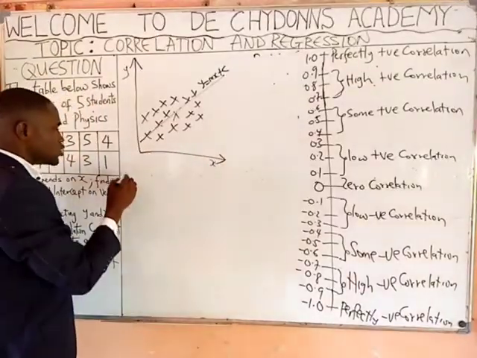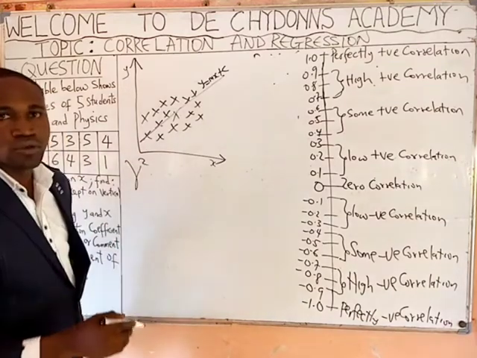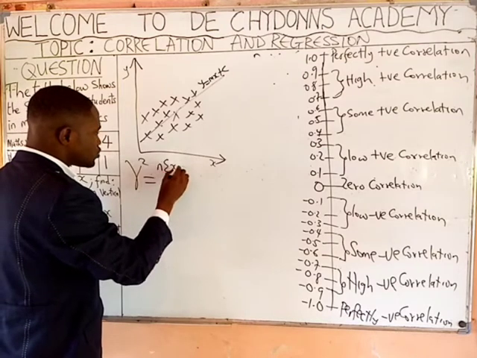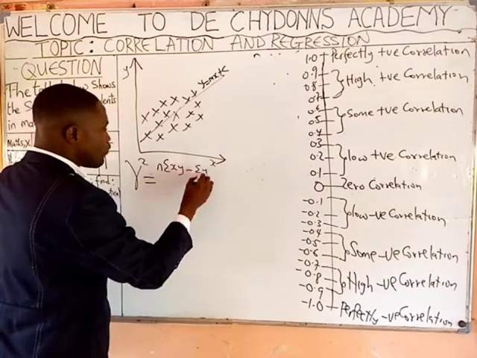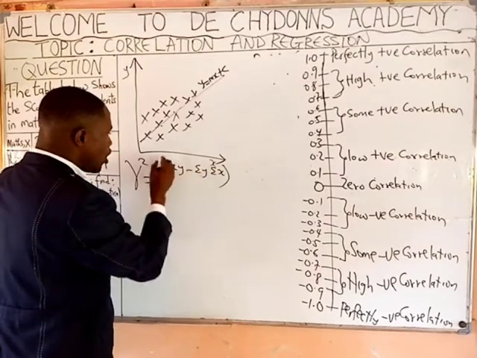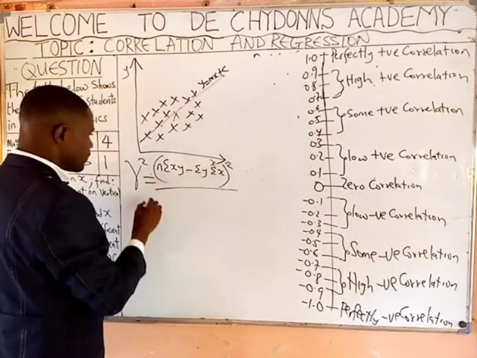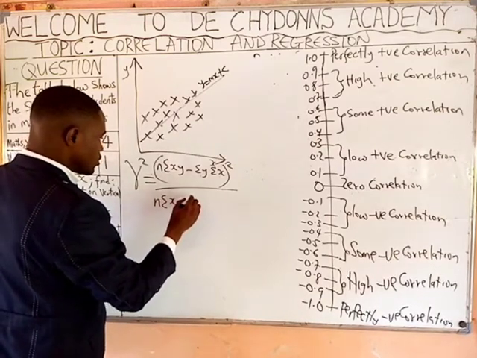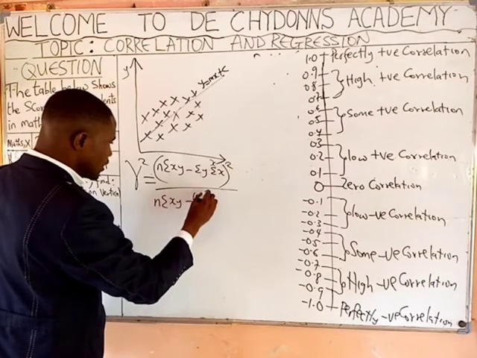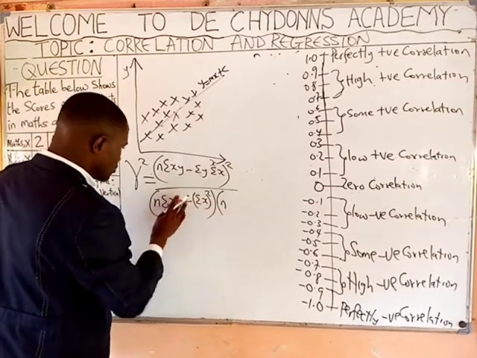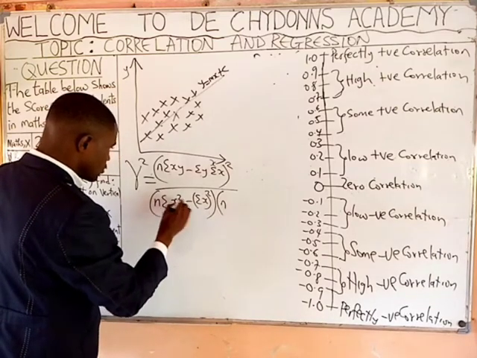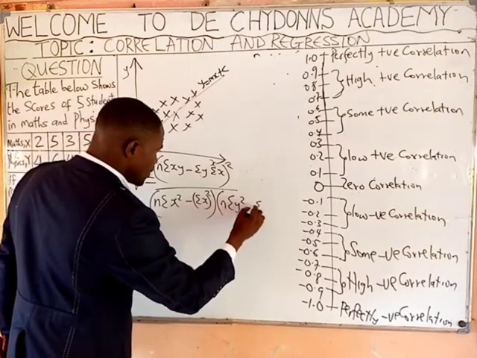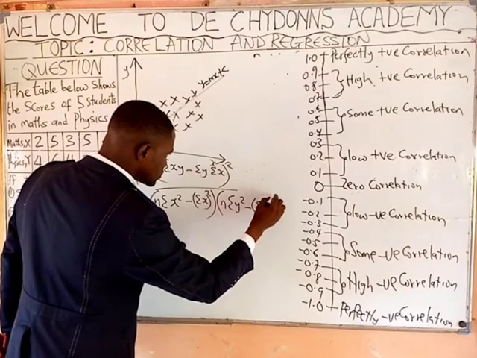The coefficient of determination is noted as r squared, and it equals n summation of xy minus summation of y summation of x, all squared, all over bracket n summation of x squared minus summation of x all squared, bracket n summation of y squared minus summation of y all squared.